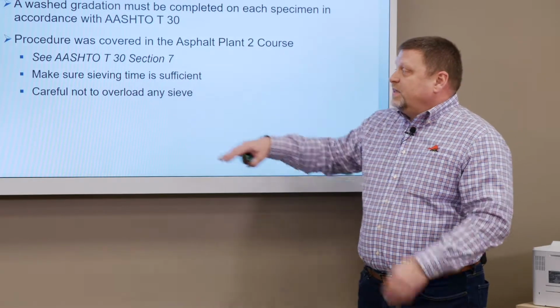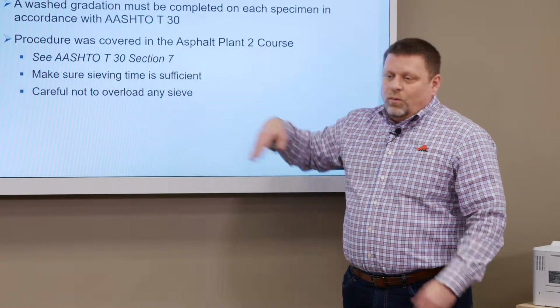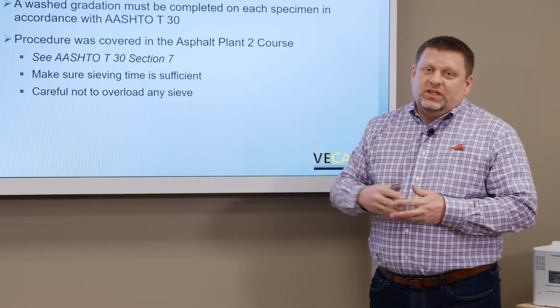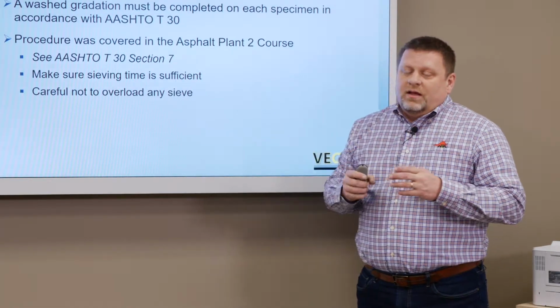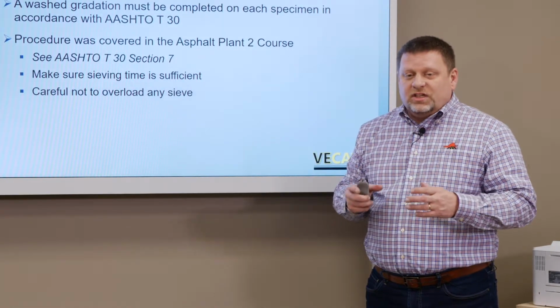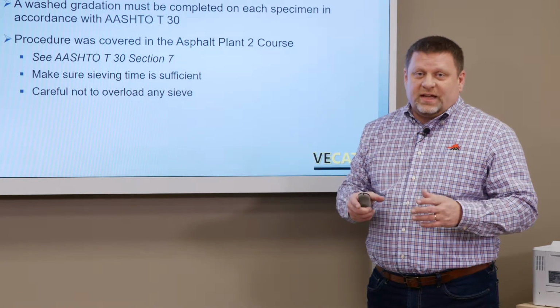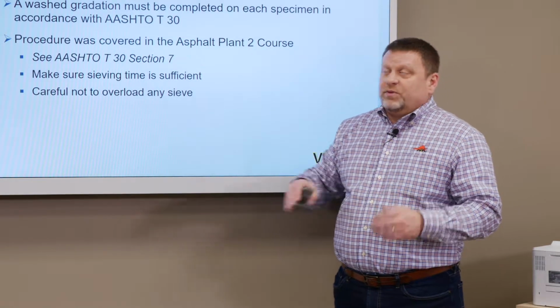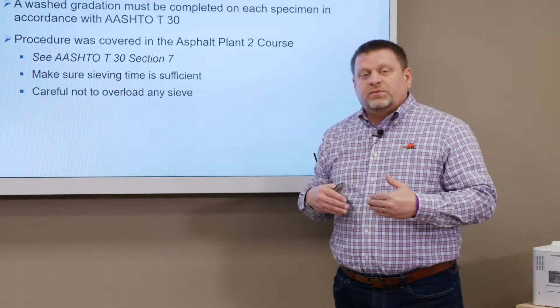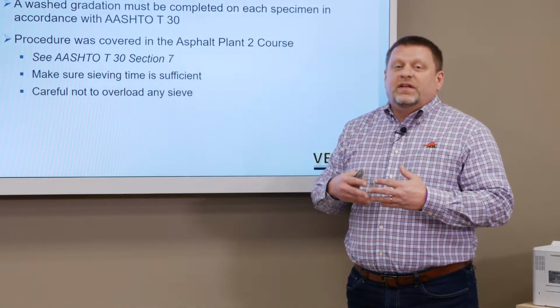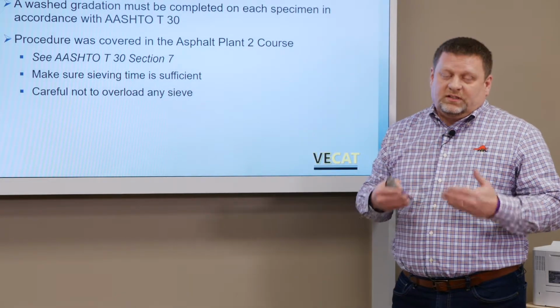And that is to basically, once in a while when you calibrate your sieves, make sure that if you handshake each sieve for 60 seconds and less than 0.5% of material passes that sieve, then the sieving time you are using is sufficient.